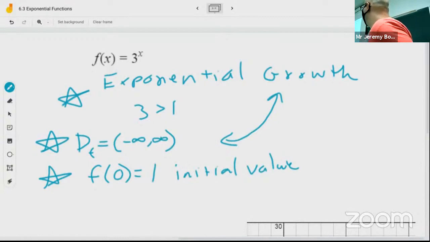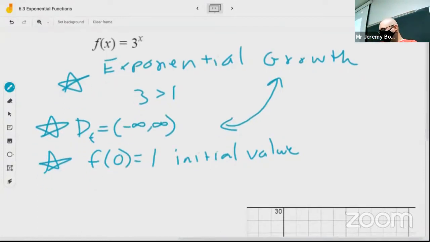And what other information do we want to know? That's pretty good for right now. Let's find some other point stuff. We know that there's going to be 0, 1, because we know that f of 0 is equal to 1.